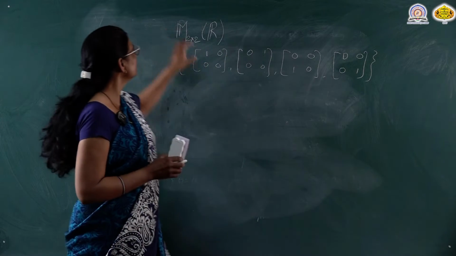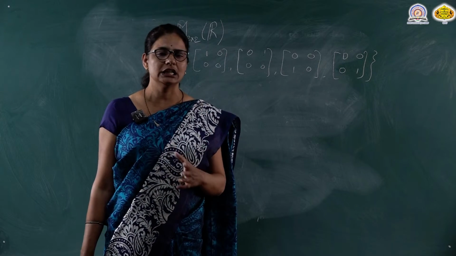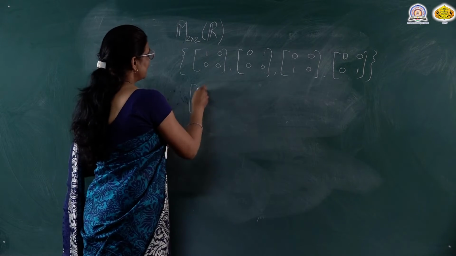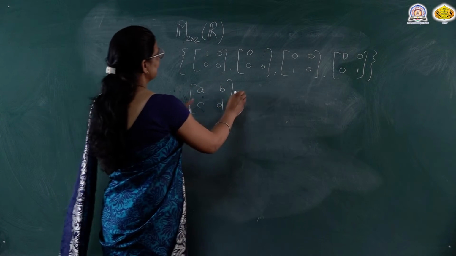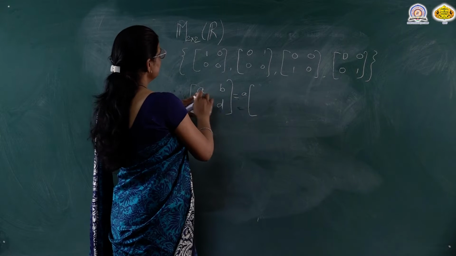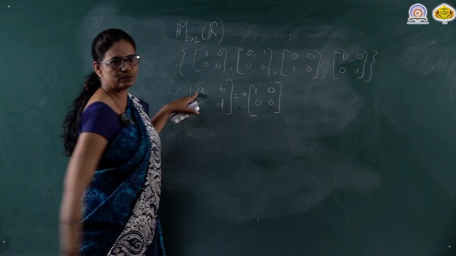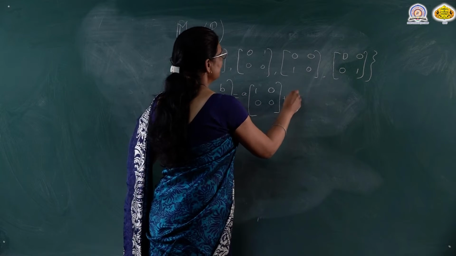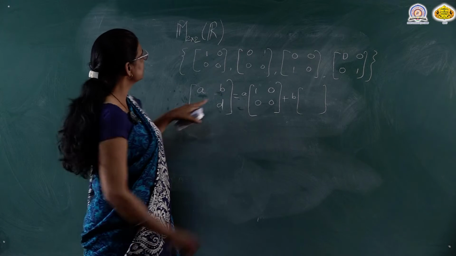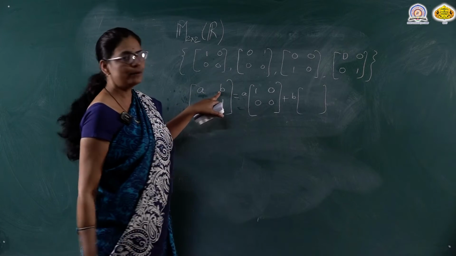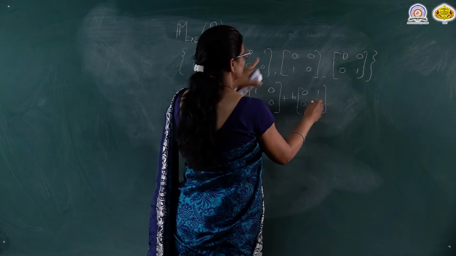So if I consider an arbitrary element from this set, that is the set of 2 by 2 matrices with real entries, we consider a 2 by 2 matrix with entries A, B, C, D. So this can be written as A times the matrix whose first entry is 1 and other entries are 0, plus B times the matrix whose A12 entry is 1 and other entries are 0, that is [0 1; 0 0].